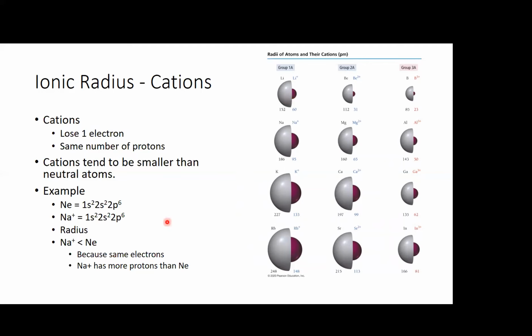But here's an example. If I've got neon, which has an electron configuration of 1s2, 2s2, 2p6, and a sodium cation, which has the exact same electron configuration, which one is going to be bigger in terms of its radius?